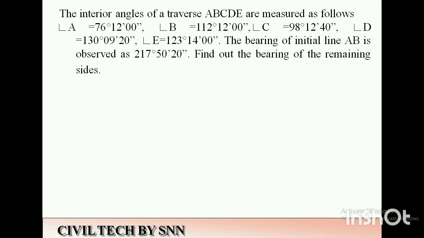Angle D is 130 degree 9 minute 20 second. Angle E is 123 degree 14 minute 0 second. The bearing of initial line AB is observed as 217 degree 50 minute 20 second. Find out the bearing of the remaining sides.